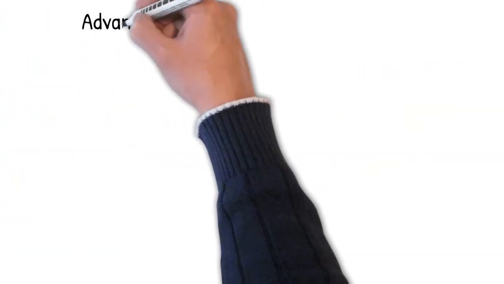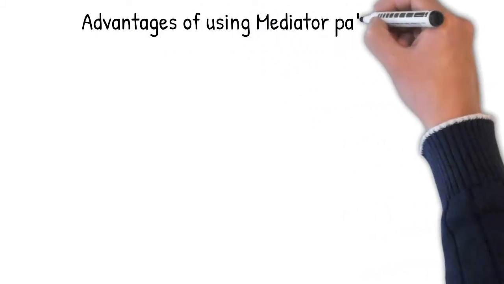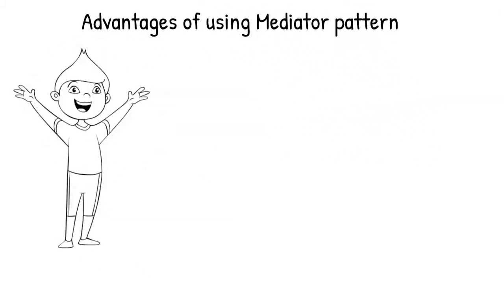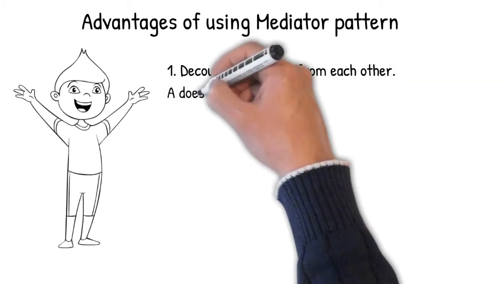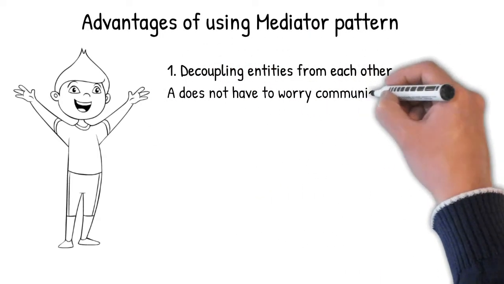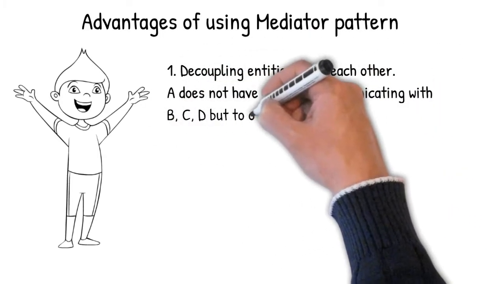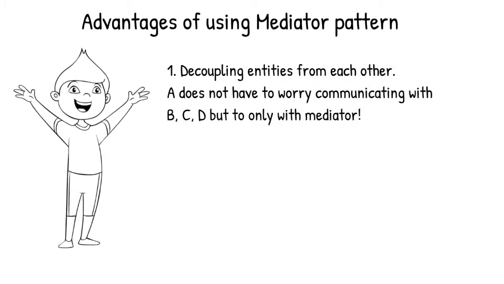Now with this level of understanding, let's take a moment to note down the advantages of using the mediator pattern. First advantage, the mediator pattern helps to decouple entities from each other so that they don't have to worry about how to communicate with each other.